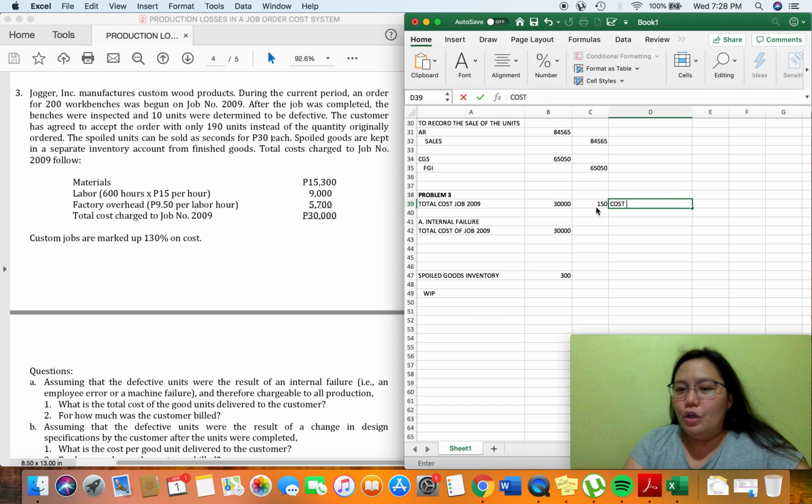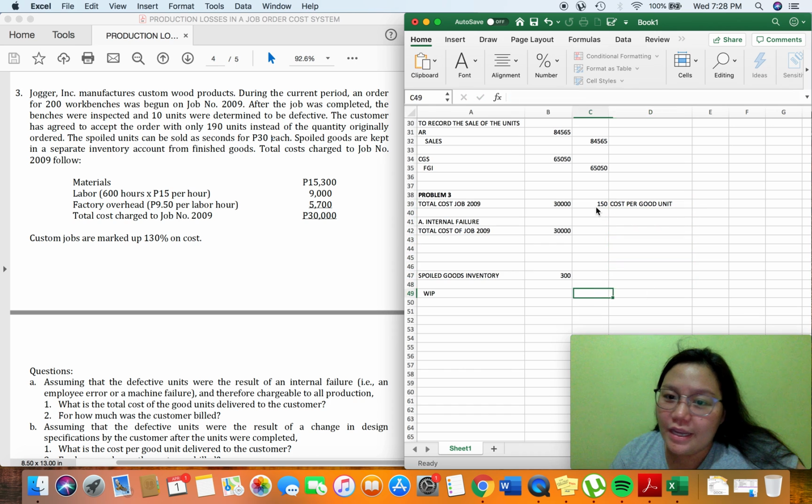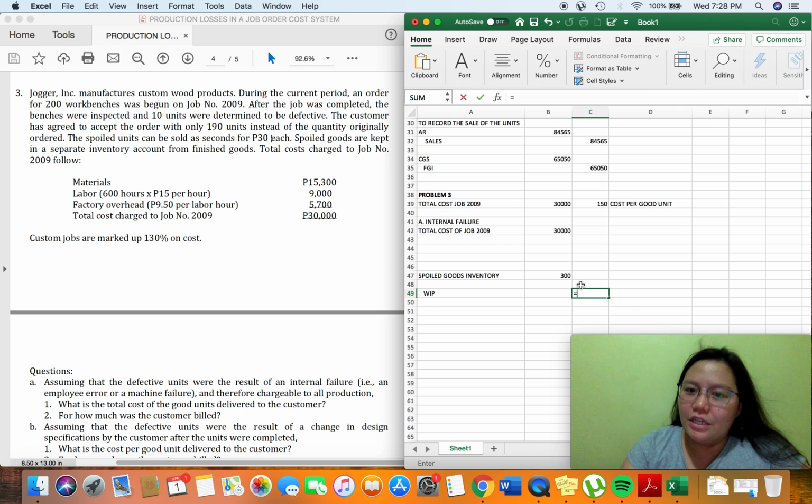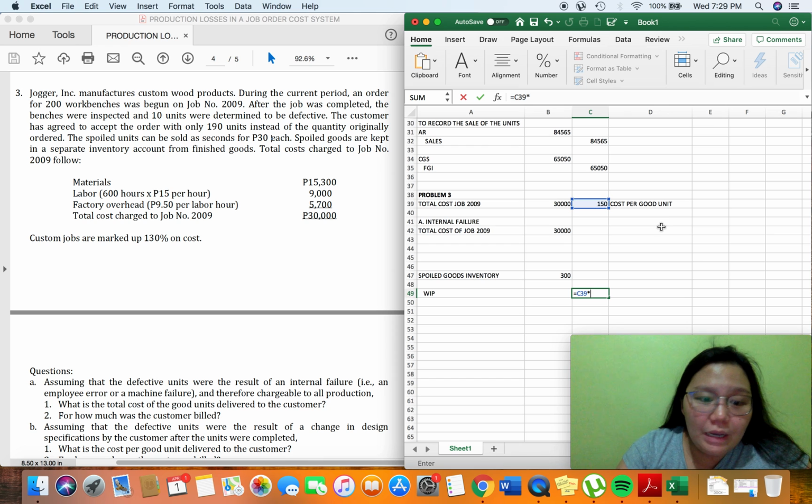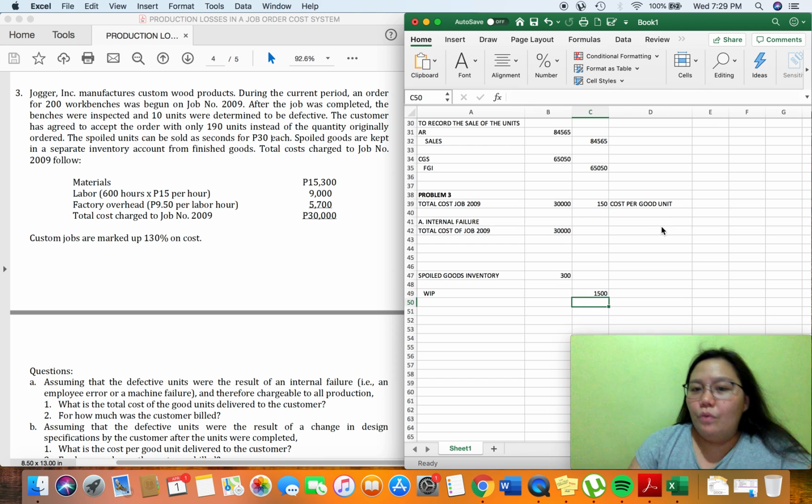Ito yung cost per good unit natin. Now, since again, paulit-ulit na lang, it is not the customer's fault. So ang mangyayari ngayon dito is that we are going to remove the total cost of the spoiled goods from the work in process inventory account of job 2009. So we have 150 each multiplied by 10 spoiled units, so 1,500.